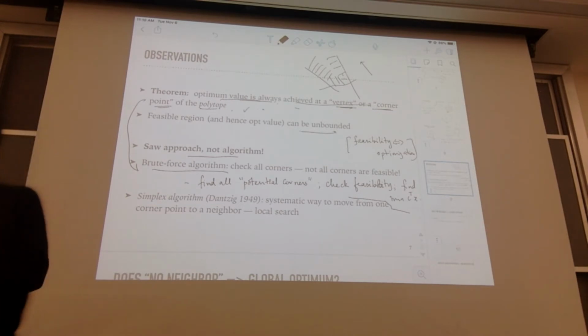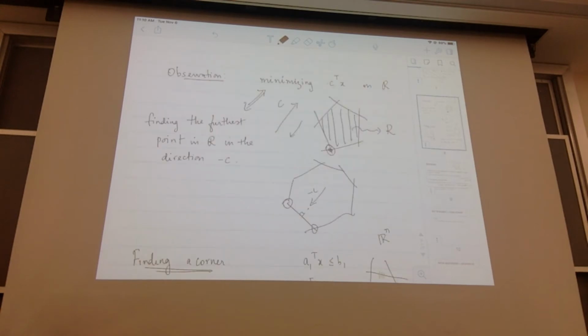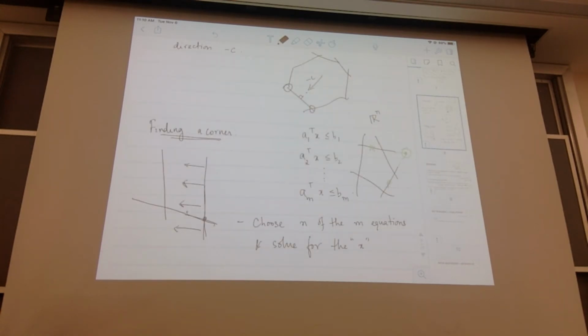Is the polytope every possible corner? No, it is only the points that satisfy all these constraints. Like in this example, the corner here is not included in the polytope, because only this inside region is.